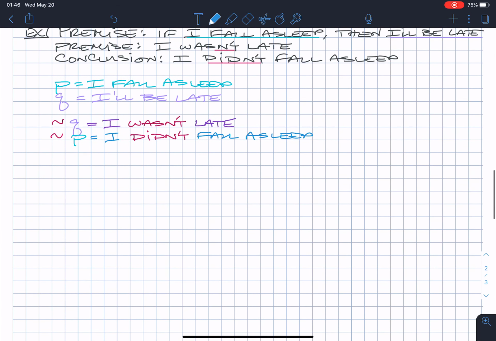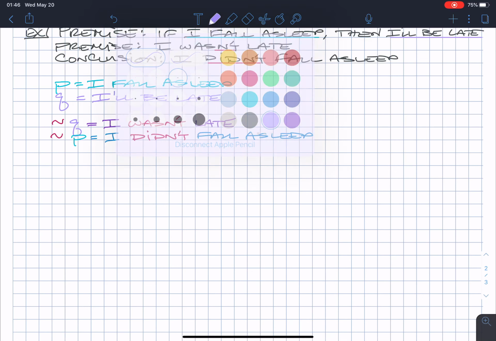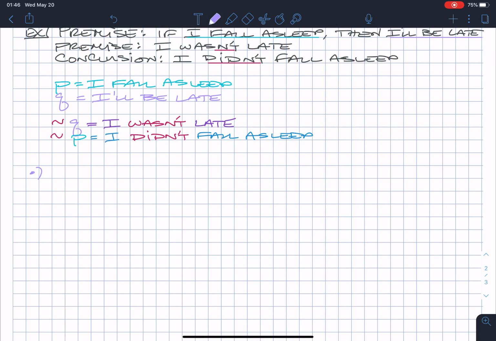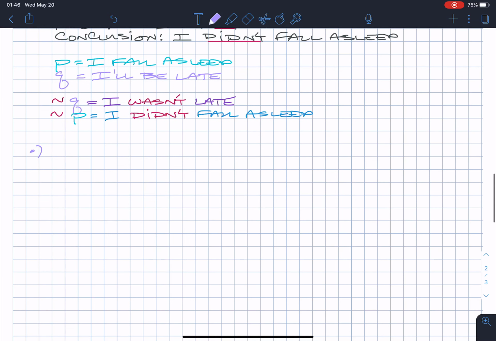Okay, so the next type of valid argument is called a disjunctive syllogism. Hard to say. Disjunctive syllogism. Okay, so this would be premise and conclusion.